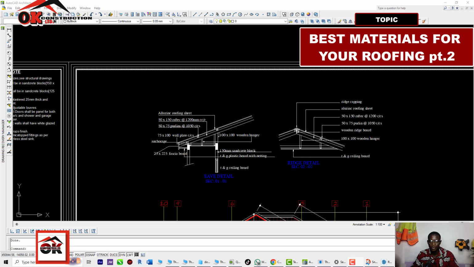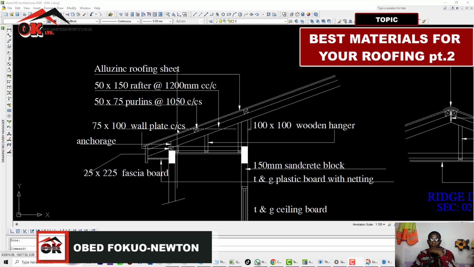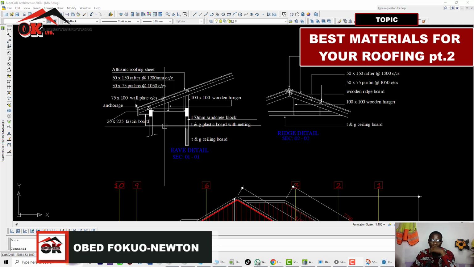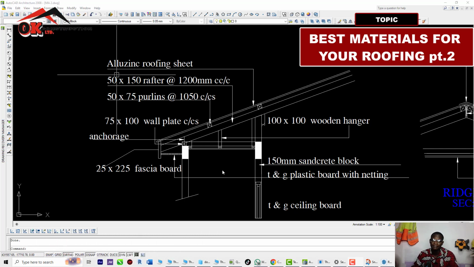All right, so the design is a kind of design on the roofing. This is the roofing structure, you know.